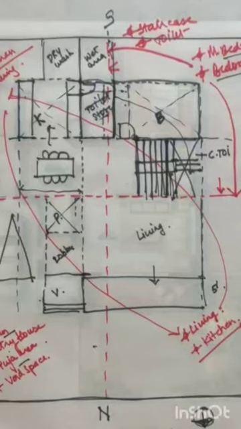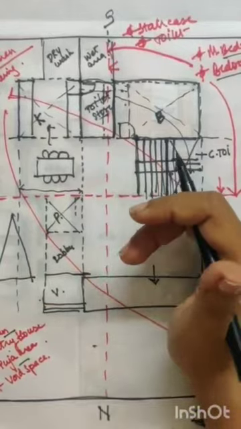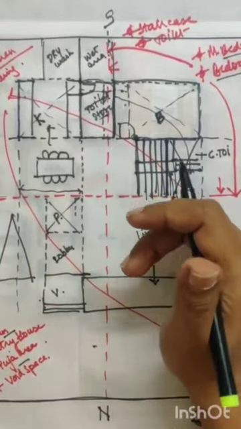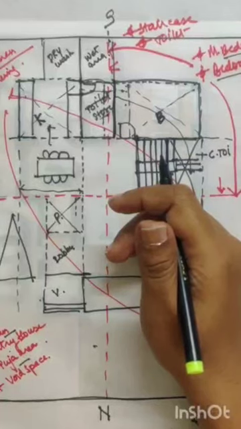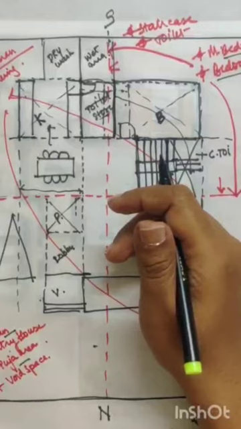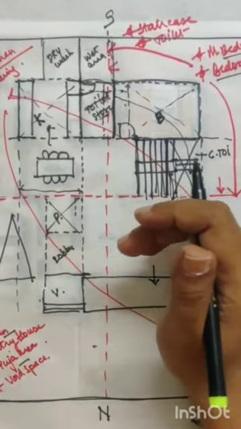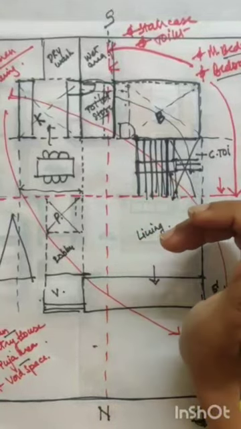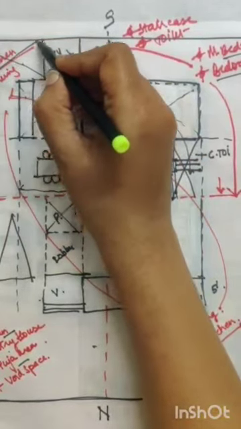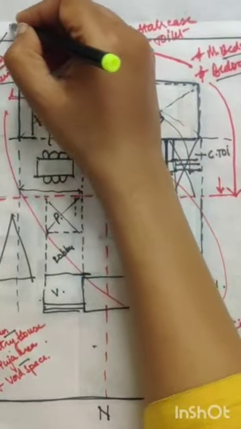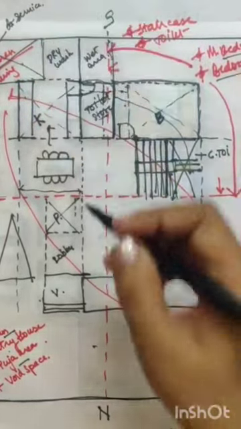Now here comes the part of taking the requirement. From the requirement we have come to know that the client's wife is more into stitching. She runs classes or stitches outfits for others. So whatever space I'm getting out here is allocated to her service area.